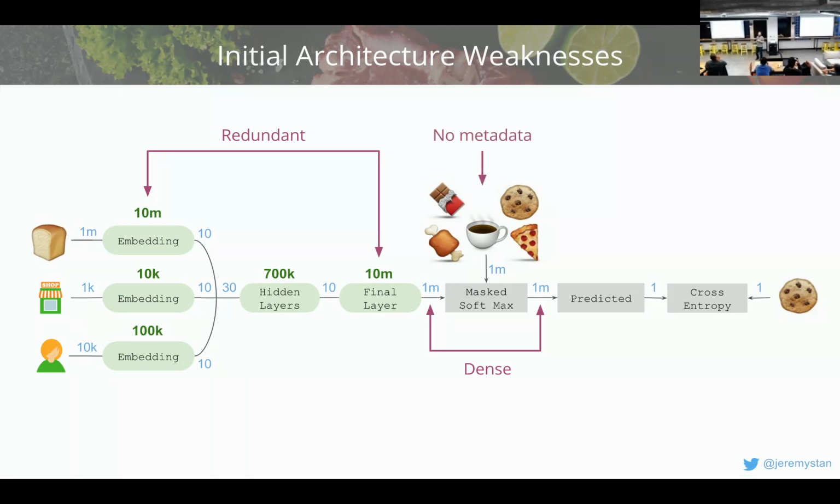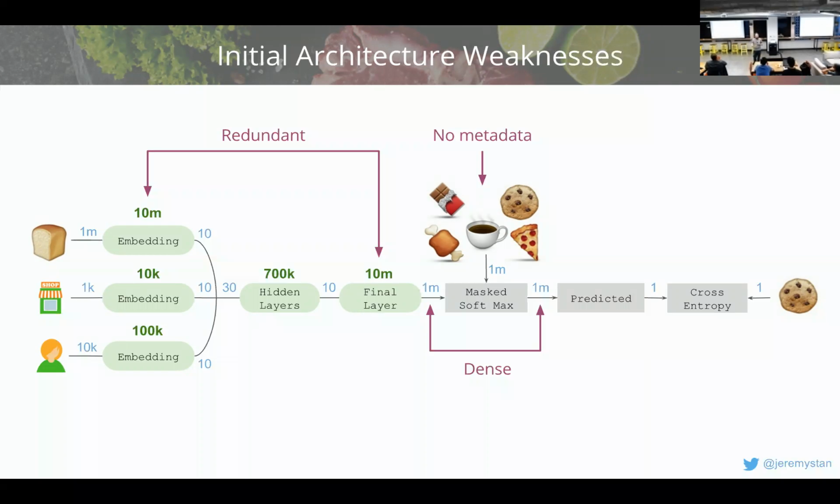The final thing, and this is kind of subtle, is there's no way to inject additional data about these candidate products. So if I wanted to use the aisle and the metadata that I have, the aisle or the department, or I wanted to use the product names or the product images, I could feed them all over on the left-hand side, put them into LSTMs or convolutional neural networks or do other embeddings and pass them in on the left-hand side, but they would all relate to the bread.